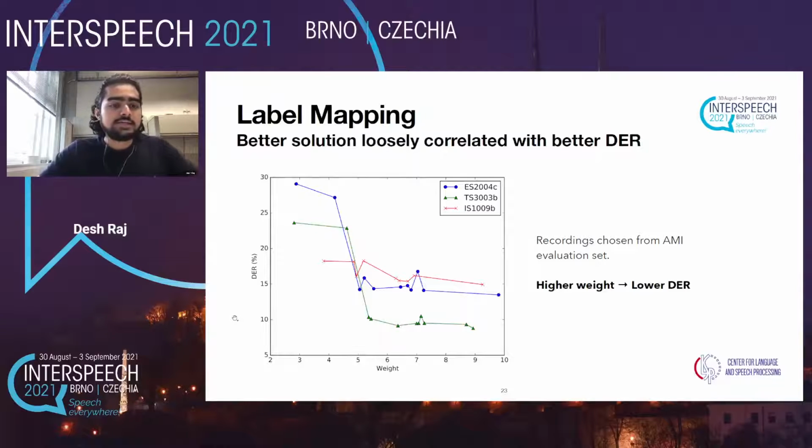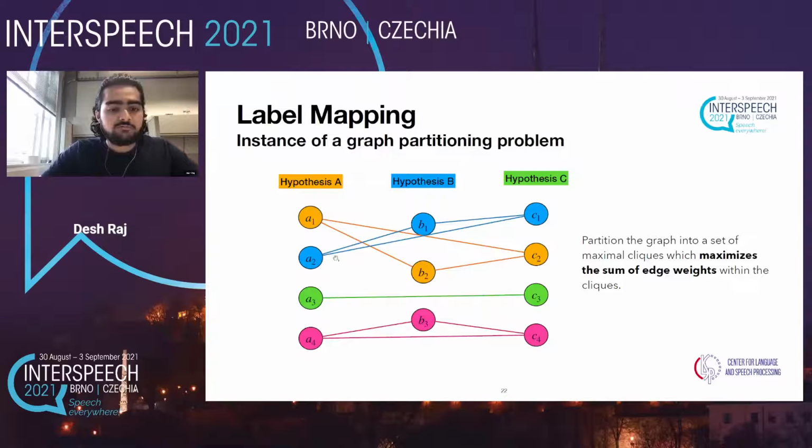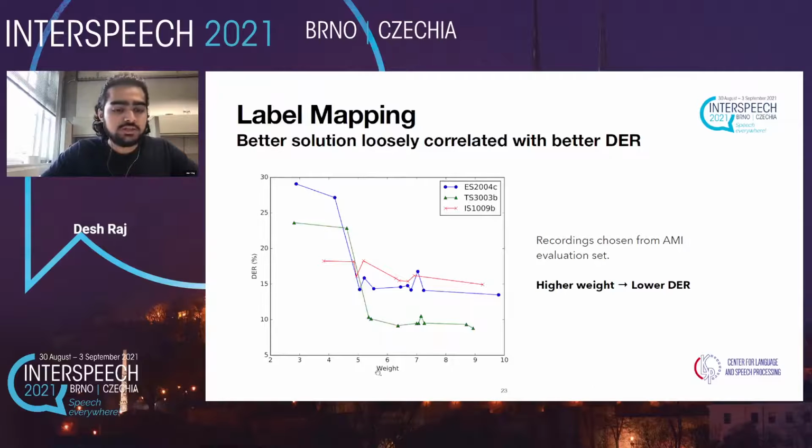We empirically saw that this problem, when formulated as such, is correlated with obtaining a better DER. So if the total sum of edge weights here is the weight of the solution, then as the weight of the solution increases, we found that the resulting DER of the combination also reduces.